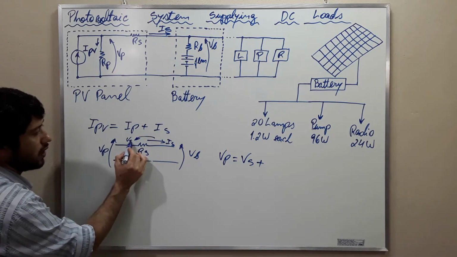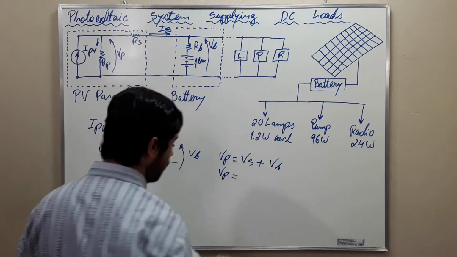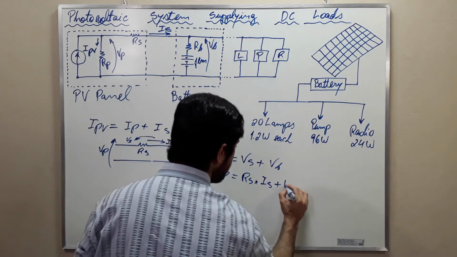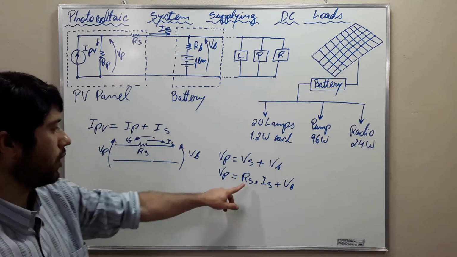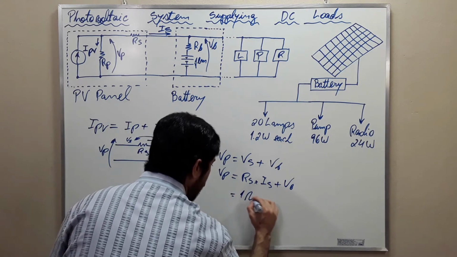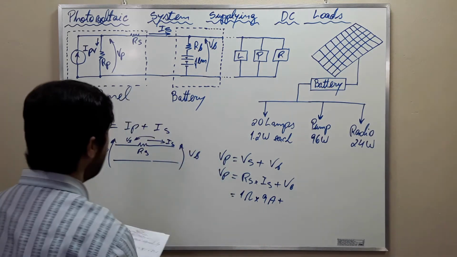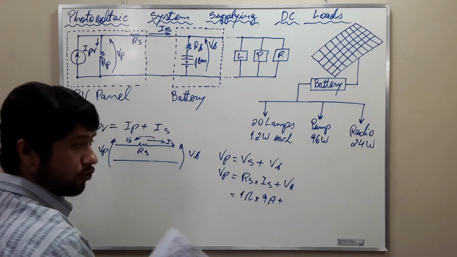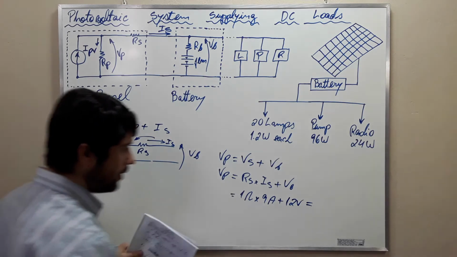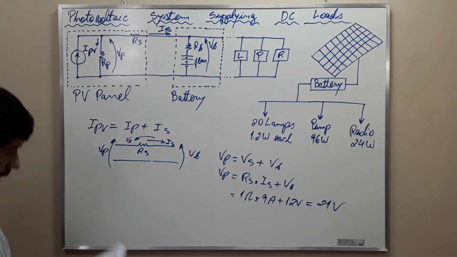VP is therefore equal to RS times IS plus VB. RS is equal to 1 ohm, IS is equal to 9 amperes, and VB, the problem gave us, is 12 volts. And then we find the value of 21 volts.